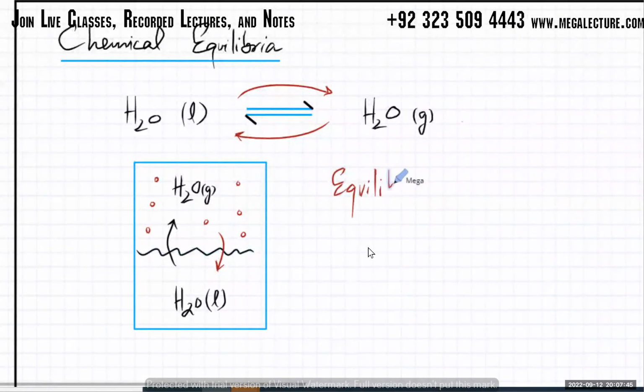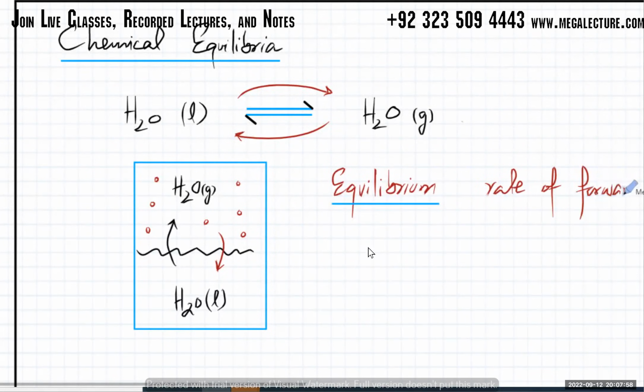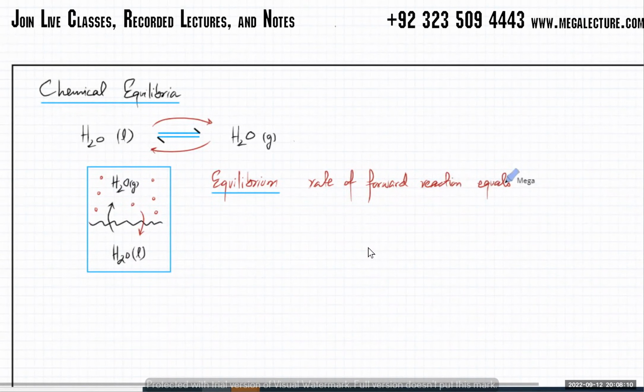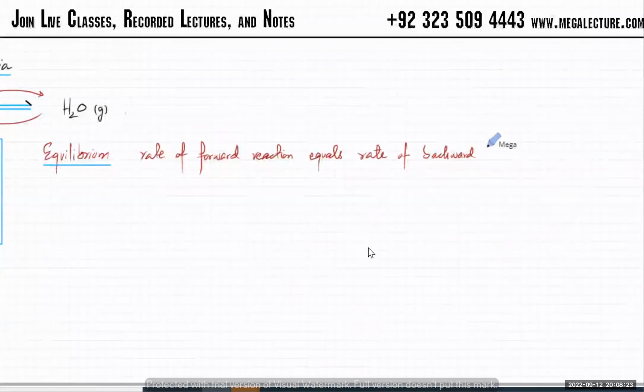So the definition of equilibrium is that the rate of forward reaction equals the rate of backward reaction. And in a reversible reaction.